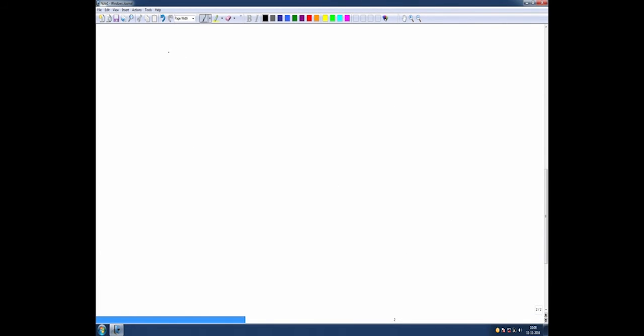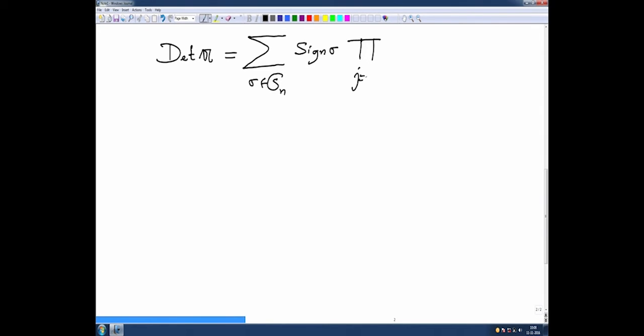Remember, the determinant of A, by definition, is the summation over sigma in Sn of sign sigma times the product for j from 1 to n of A_{sigma j, j}, and also this is equal to, when you replace sigma by sigma inverse in this summation, the sum over sigma in Sn of sign sigma times the product for i from 1 to n of A_{i, sigma i}.